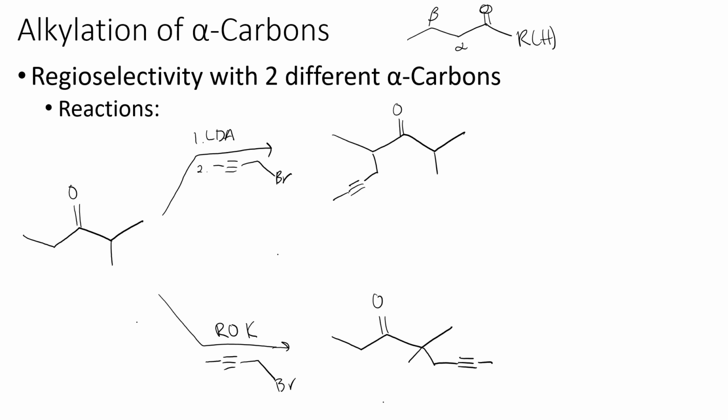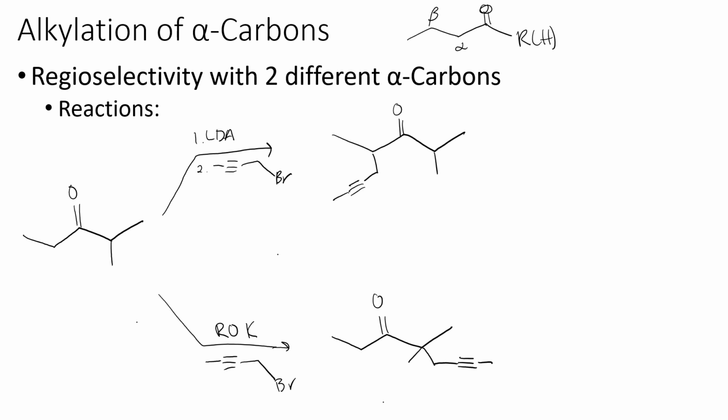So we can really predict the regiochemistry of this alkylation depending on the initial base that we use to deprotonate that alpha position. So if we use the LDA, we will get the less substituted side being alkylated. If we use the alkoxide anion, that RO-, we will get the more substituted side being alkylated.